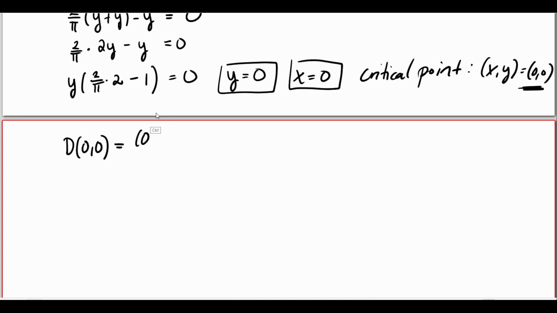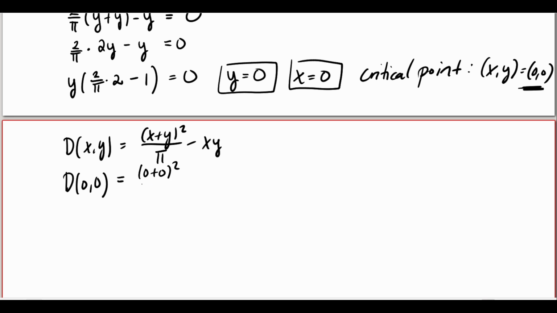So let's write it like this first. We have d(x, y), which is the same as x plus y squared divided by pi minus xy. So d(0, 0) is the same as 0 plus 0 squared divided by pi minus 0 times 0. So everything will be 0. So the difference of the area of the circle and the area of the rectangle is actually 0.